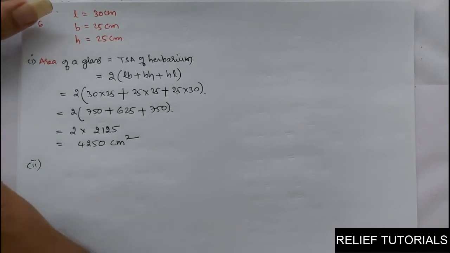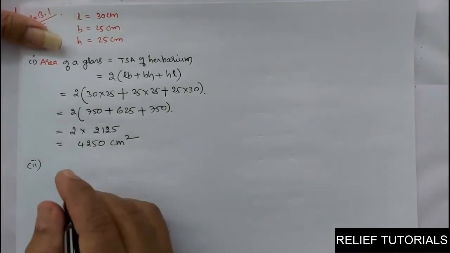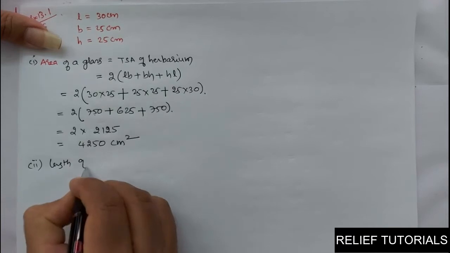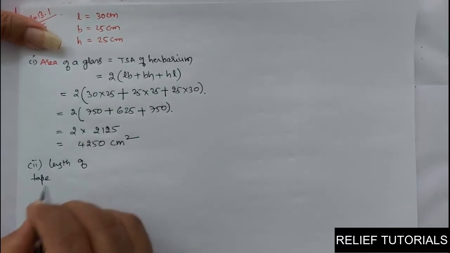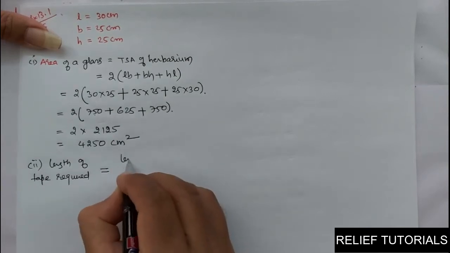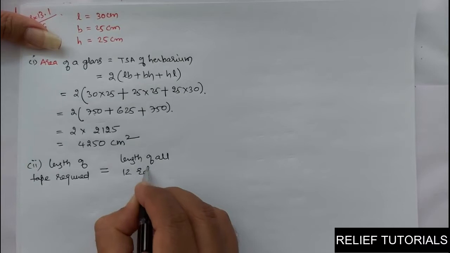So length of tape required is equal to length of all 12 edges.